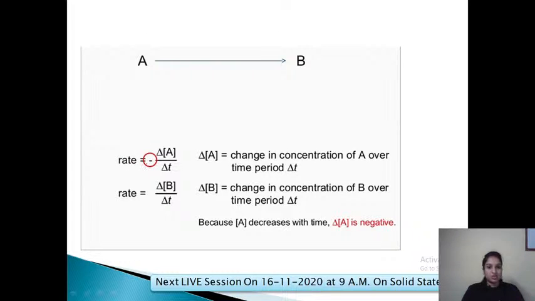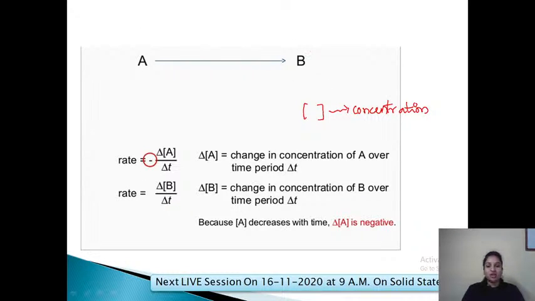So rate is equal to minus delta concentration of A. This square bracket always represents concentration, so instead of writing concentration all the time, you can just use the square bracket. So rate is equal to minus delta [A] upon delta t, the change in time t.